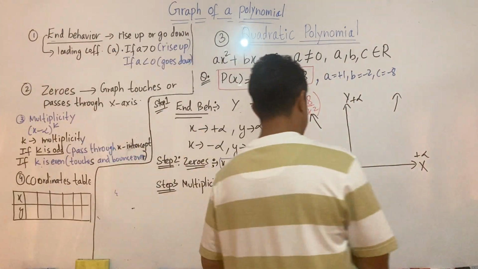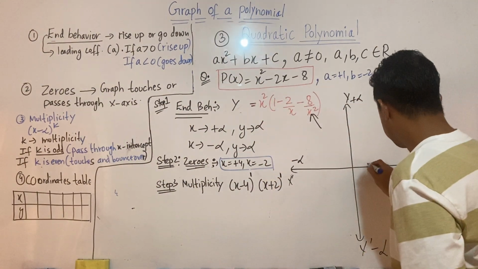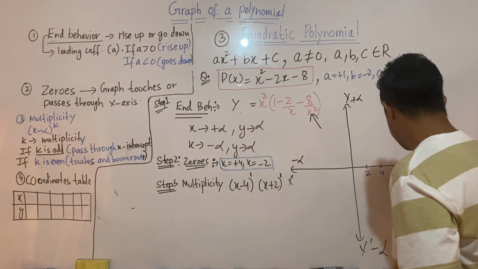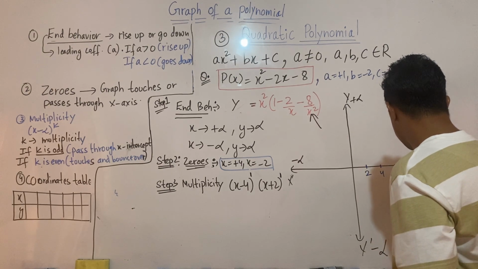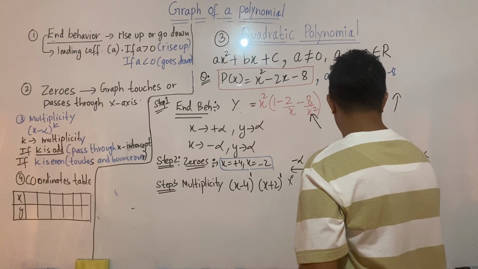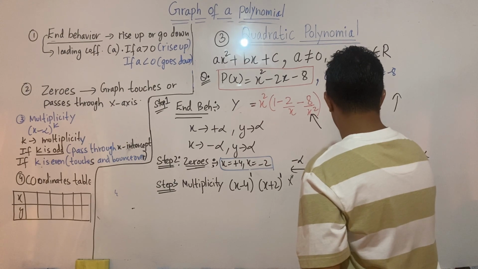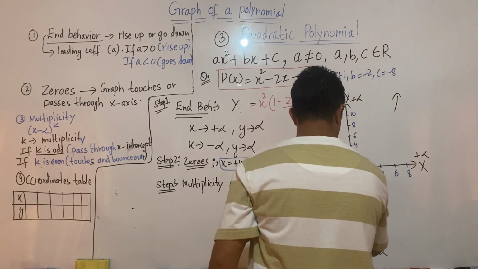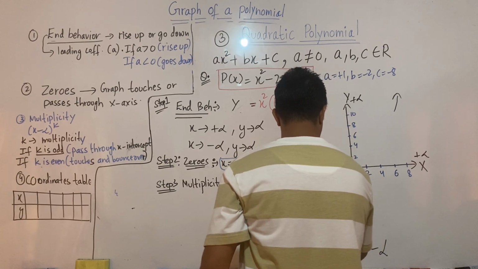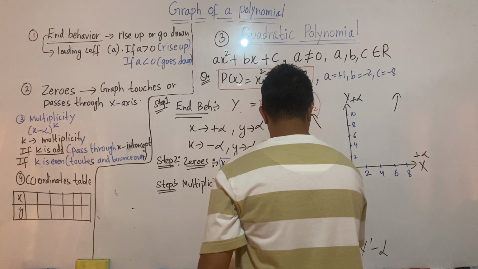So we can just visualize the situation here. This is 2, this is 4, this is 6, this is 8, okay, this is 2, this is 4, this is 6, this is 8, this is 10, this is minus 2, minus 4, minus 6, minus 8, minus 10.